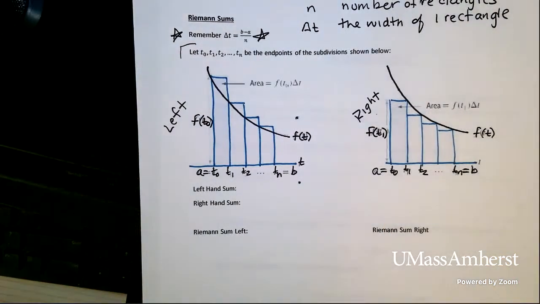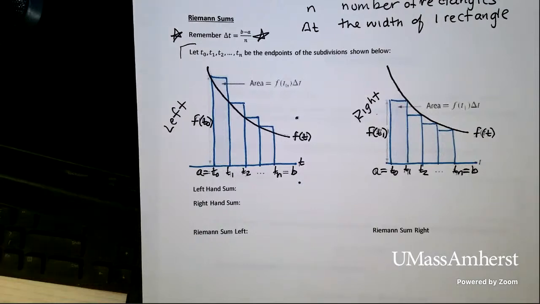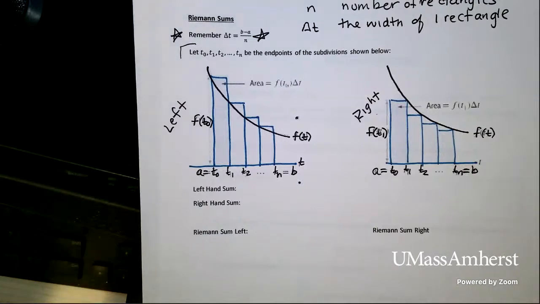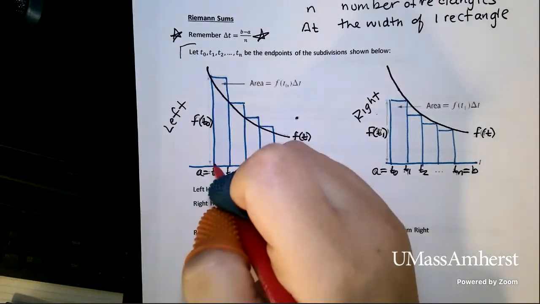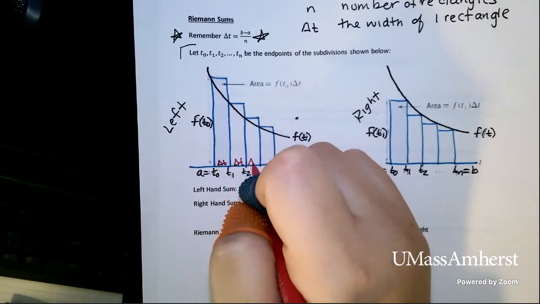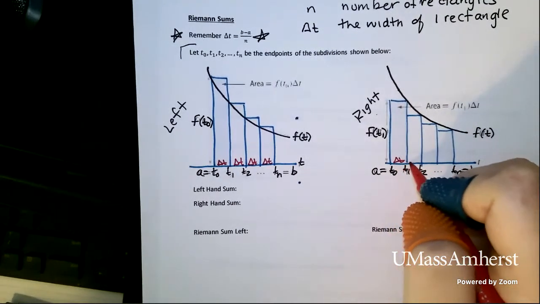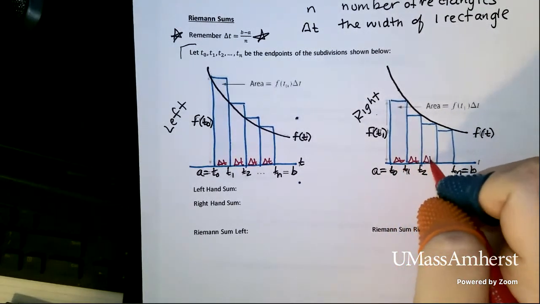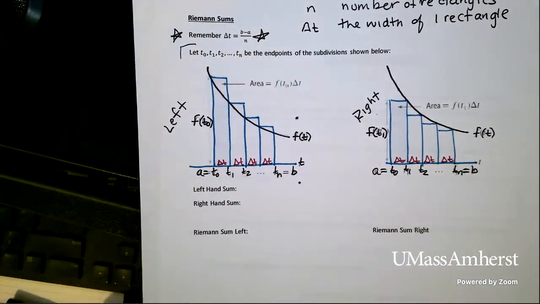Okay. So now what does it look like when we actually do a left and a right-hand sum in this generic way? One of the things I want to remind you: delta t is what we're counting by, and it's the width of each rectangle, which means that the width of every single rectangle here is delta t, delta t, delta t. So let's start with the left-hand approximation.